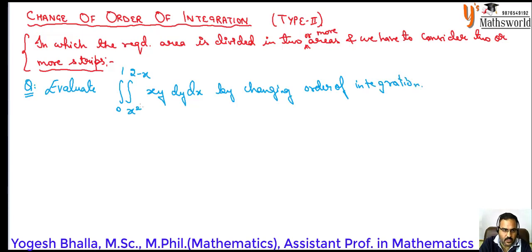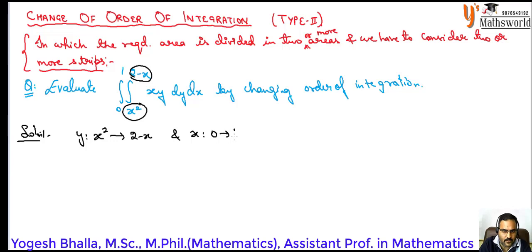From the given statement, it is clear that the limits are in terms of x, so they are the values of y. So y is varying from x square to 2 minus x, and x is varying from 0 to 1.